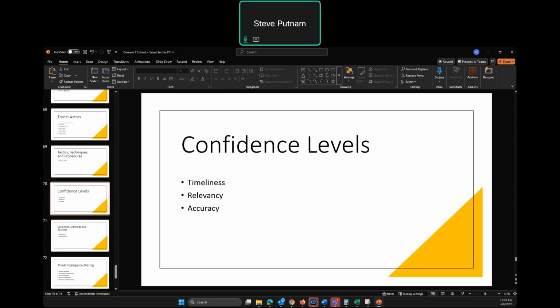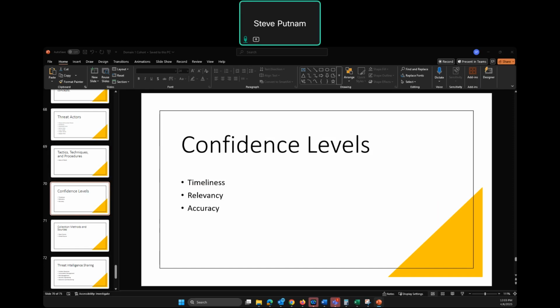Confidence levels: you want to look at timeliness, relevancy, accuracy. How sure are you that this is an actual attack? What is going on? From the timeline perspective, does it line up with other indicators of compromise?